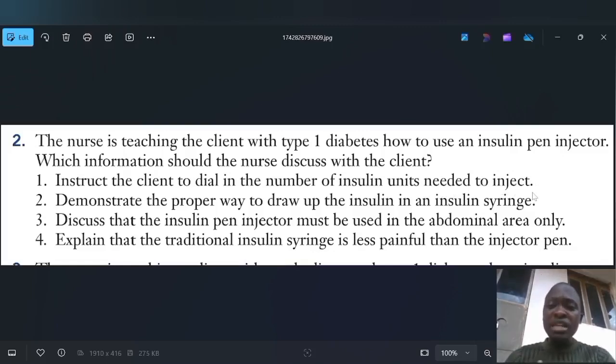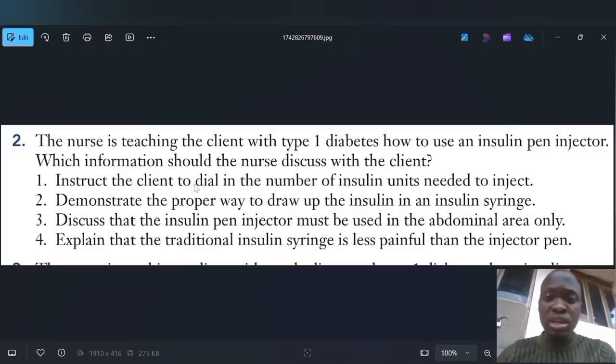Remember, an insulin pen injector already has a pre-filled amount of insulin. So the patient just has to dial in the number of insulin units needed per the doctor's order, and then they will self-inject that medication on their own.